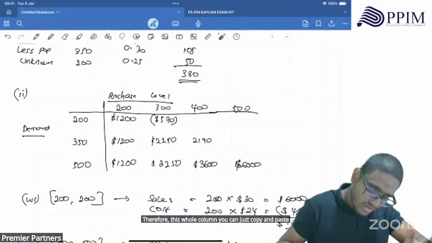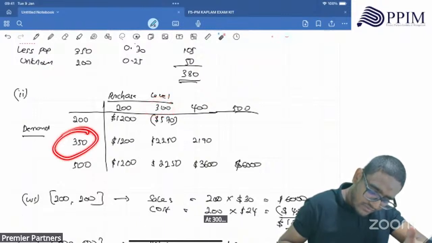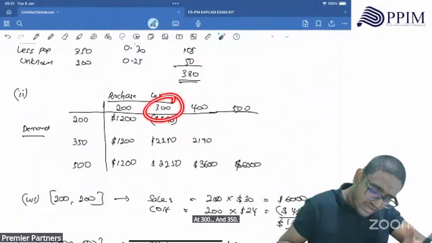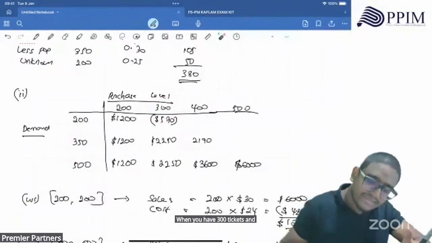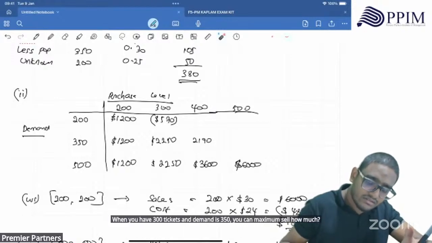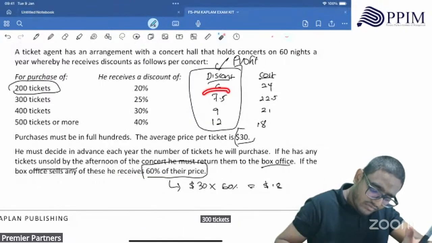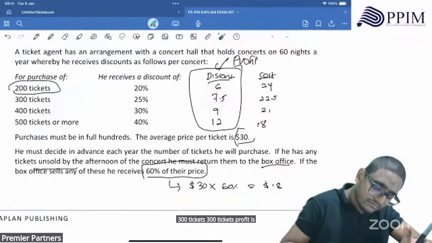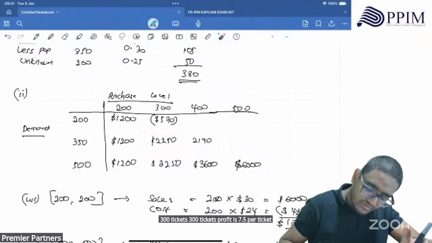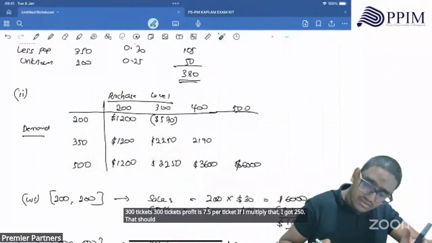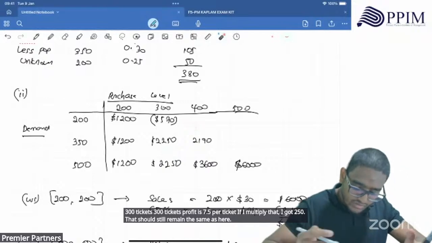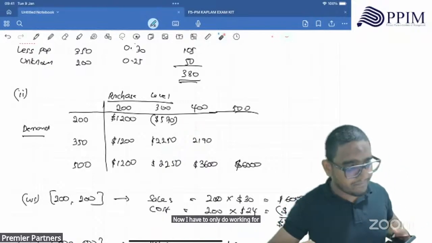Makes sense? At 300 and 350, the maximum you can sell is 300 tickets. Profit is 7.5 per ticket, so I multiplied that and got 2,250. That should remain the same as here. Now I have to only do workings for 3 more points.